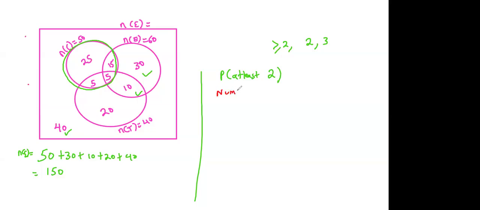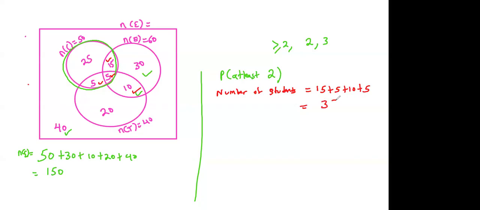Number of students who had at least 2 will equal 15 plus the 5, those have 2, plus the 10. But since they said at least, also you're going to consider the 5 here. So you make your addition.